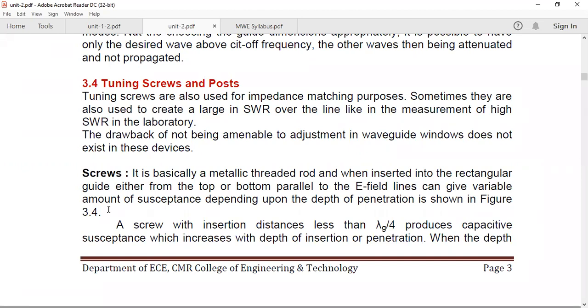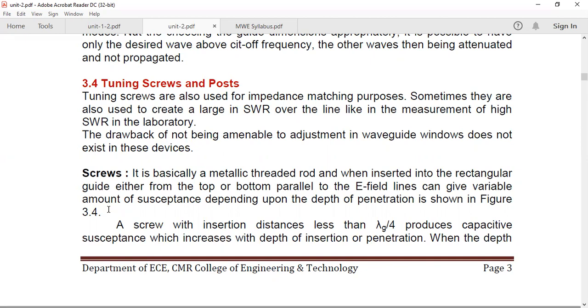Suppose we take the rectangular waveguide; we can insert some iron rod from the broader side into the waveguide. Based on the depth of penetration into the waveguide, it will change the inductance and capacitance values. By varying the screw, the depth of penetration may increase or decrease.